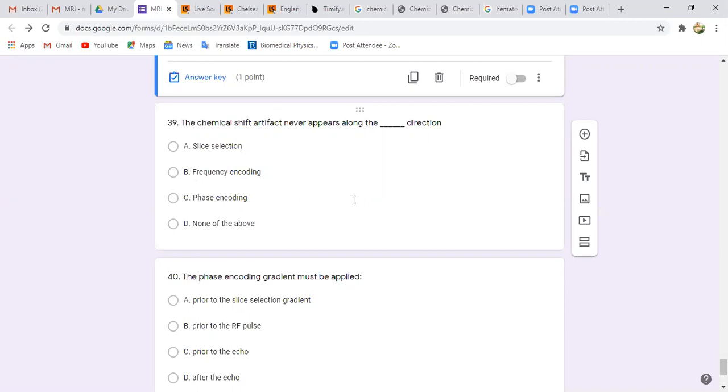Chemical shift is because of the differences in the resonance frequency of fat and water. If you have fat and water in the same slice being imaged, because of the electron cloud that fat enjoys, it's going to shield it a little bit, so you have a different resonance frequency.